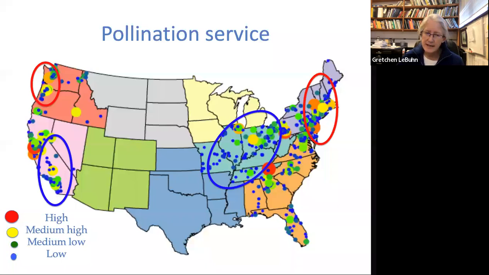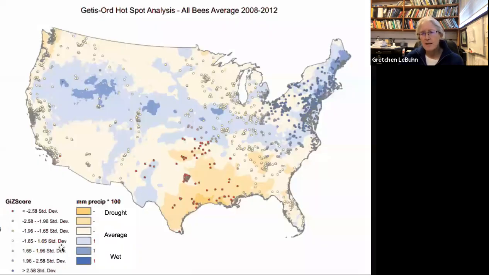When we take these data, we can start to look at things like, how do pesticides affect the pollination service? How does drought affect them? And I'll just show you some drought data from a few years ago to give you a sense of it. So here are individual points. Here you can see the blue ones. I, of course, changed the color scheme when I did this analysis.